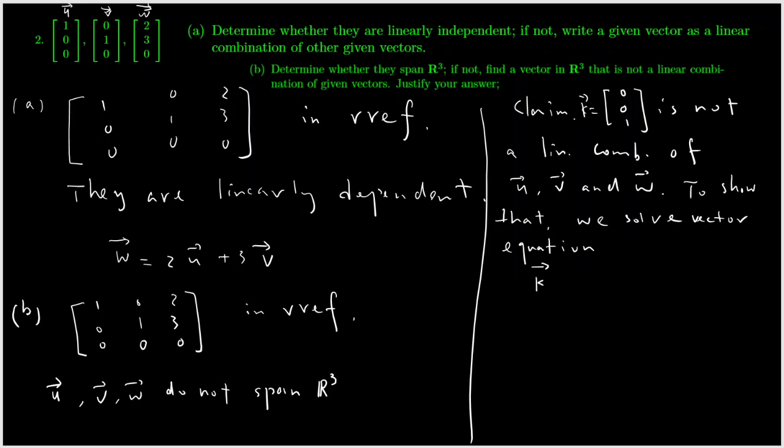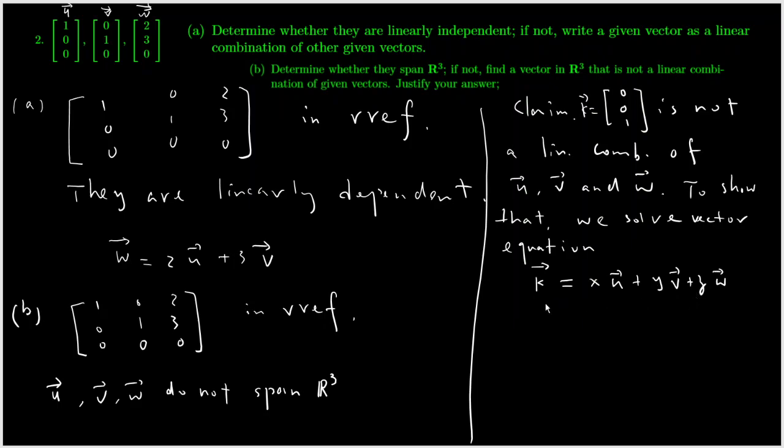We want to see if it's possible to write k as a linear combination of U, V, and W: a number times U, plus another number times V, plus another number, let's say z, times W. K being a linear combination of U, V, and W means it's possible to get three numbers x, y, and z satisfying the equation.